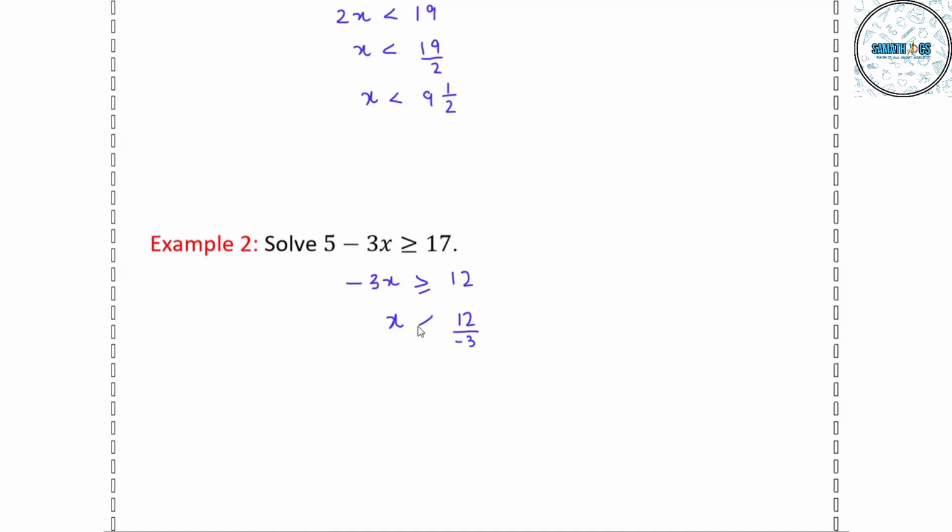Whenever we divide or multiply by a negative number, the direction of the inequality has to be changed. So previously it was greater than or equal to, now it is less than or equal to. So we have x is less than or equal to minus 4.